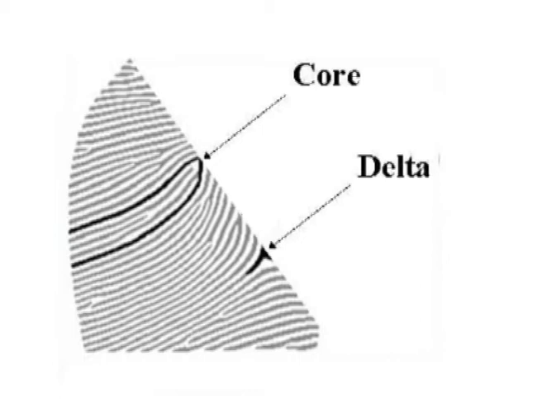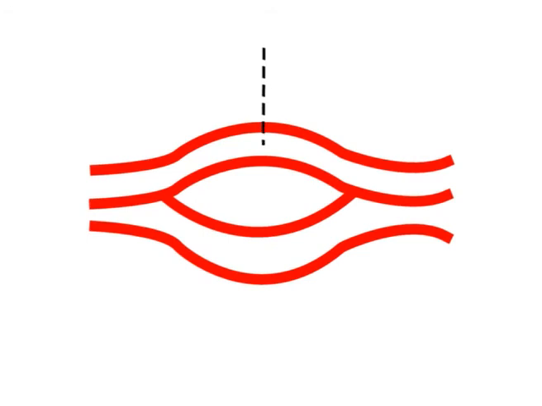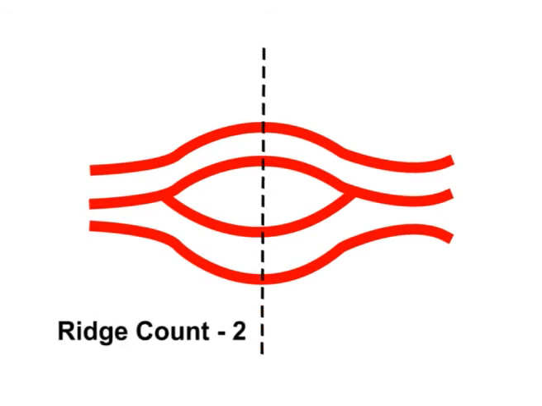Otherwise, error in locating these fixed points may result in wrong ridge count. The ridges are counted between core and delta, but the points of core and delta are not included in the count. If the imaginary line passes through an enclosure, a ridge count of 2 is made at that time.